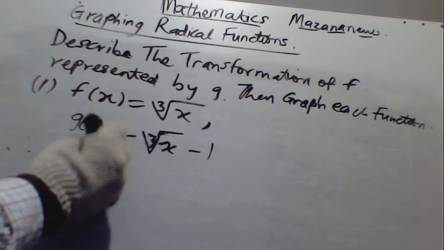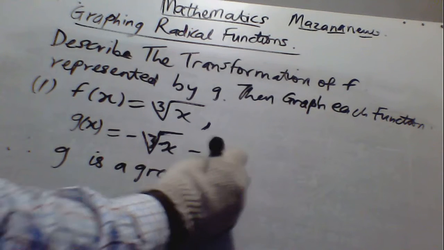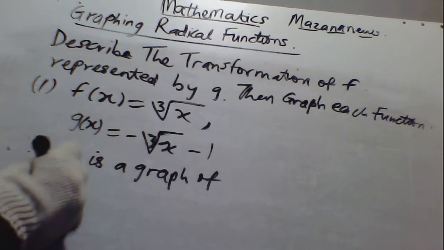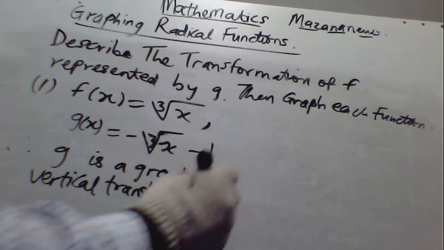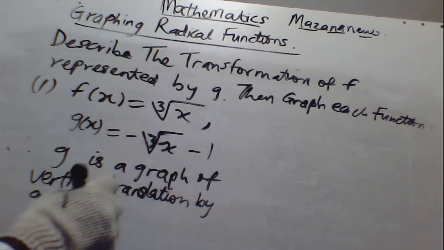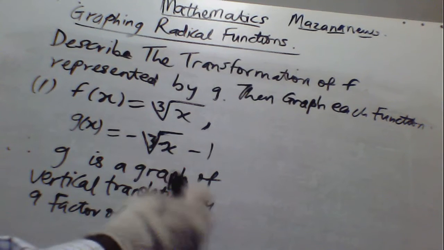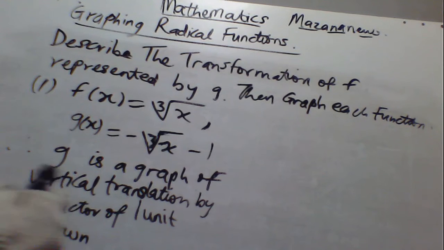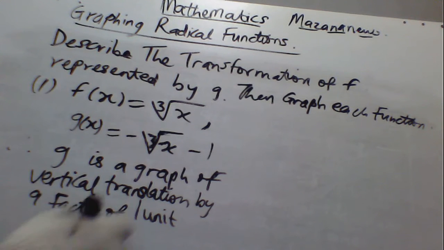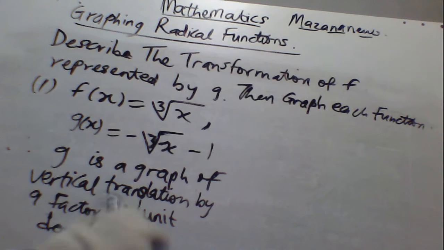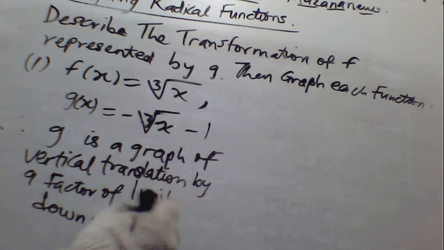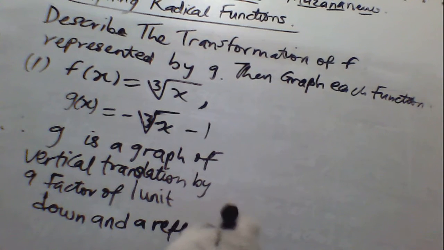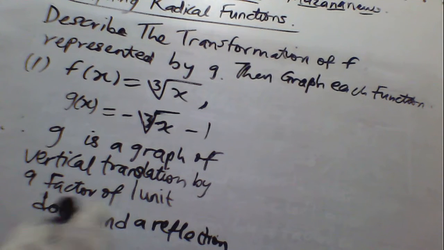So once you know other things to do, you can now describe the given function. Therefore g is a graph of vertical translation by a factor of 1 unit down, and a reflection in the x-axis of the graph of f.